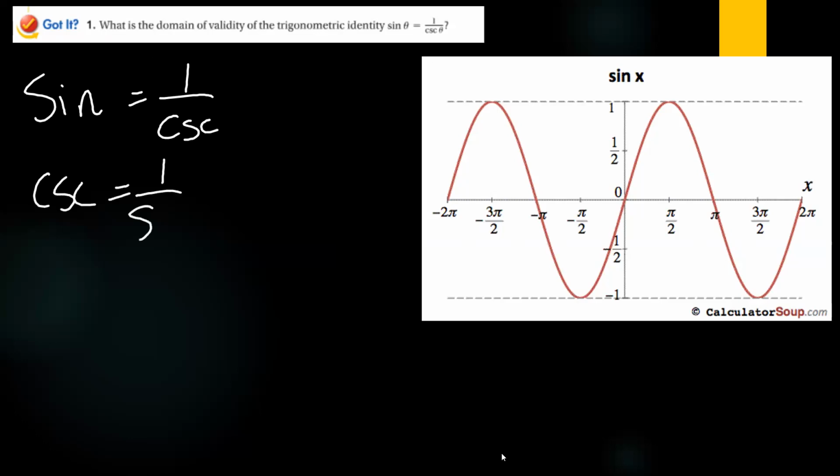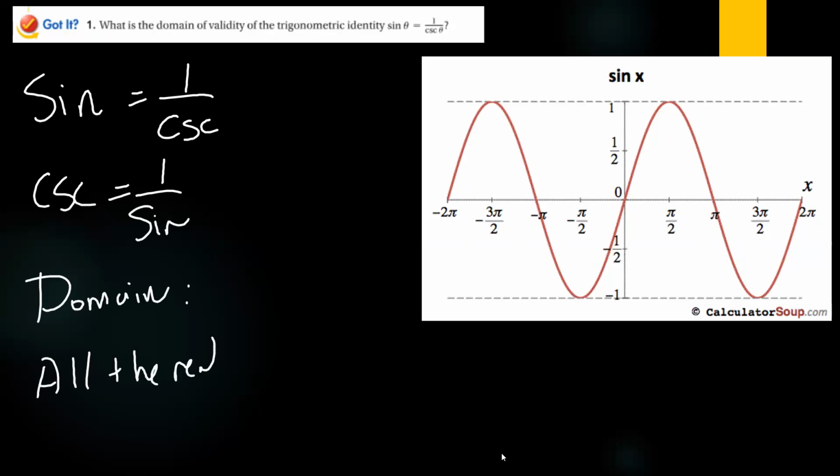This is for sine, and sine is 1 over cosecant, and cosecant is 1 over sine. So if you want to find the domain, it will be all the real numbers except the ones that make the sine 0.